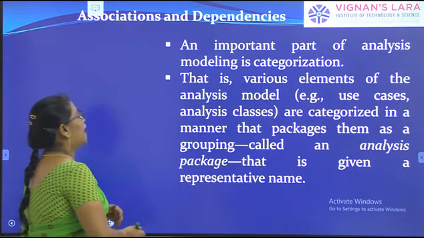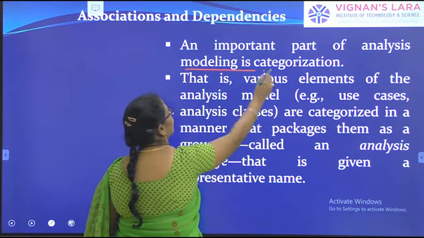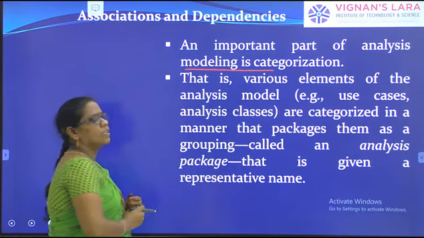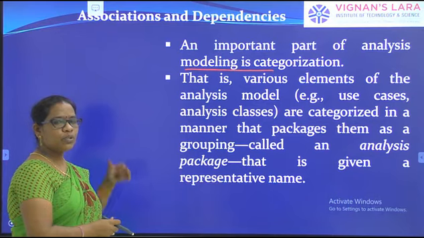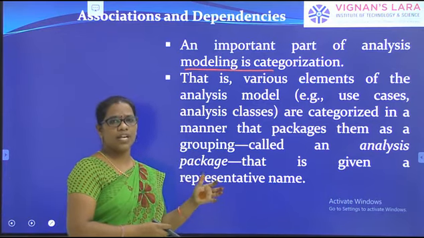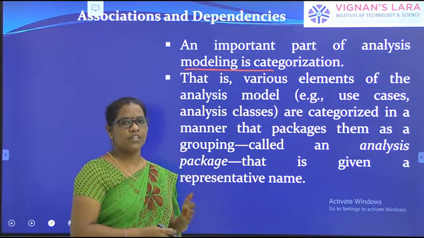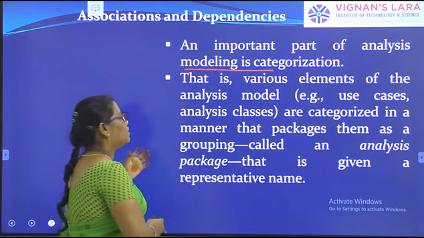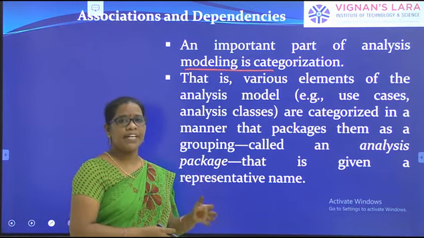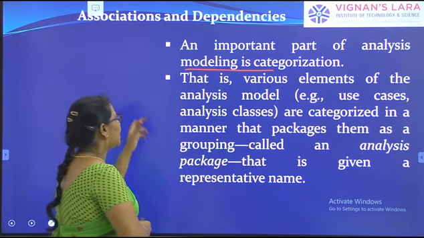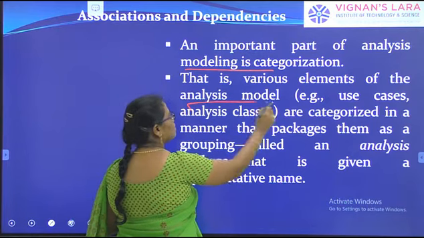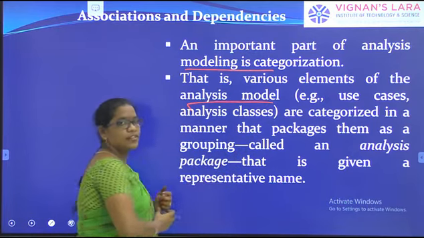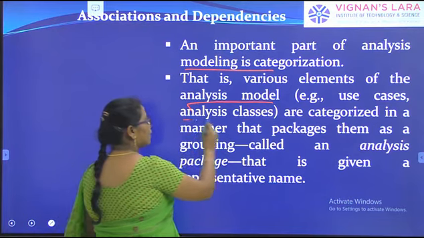Okay, and next, an important part of analysis modeling is categorization. Up to now, what we have been seeing is modeling for requirements. Okay. So they come under the requirement analysis part. The various elements of the analysis model are, for example, use cases and analysis classes.